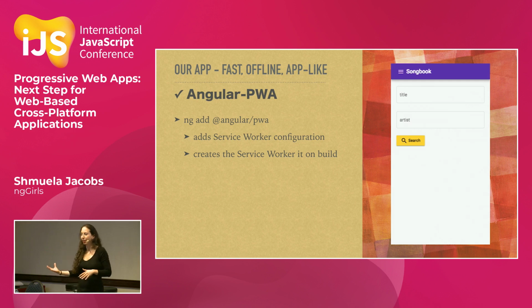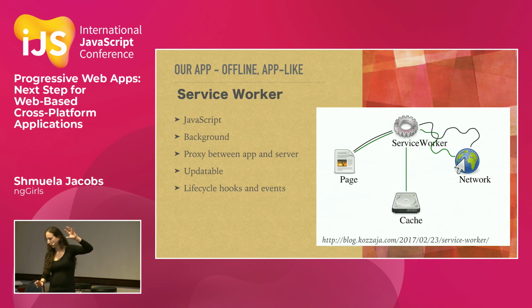I also mentioned there's more work for offline: caching the songs themselves, the lyrics themselves. And we achieve this using service workers. Service workers, like I mentioned before, are just JavaScript files. You can have one service worker per application. It stands between your application and the network, so it's a proxy.